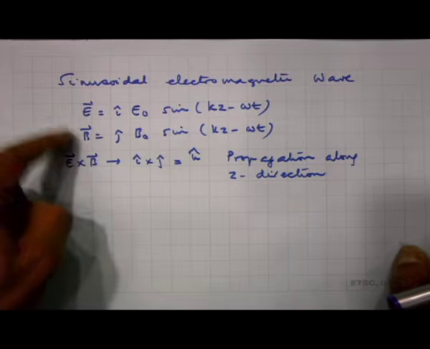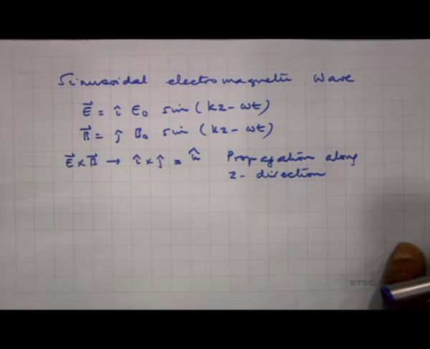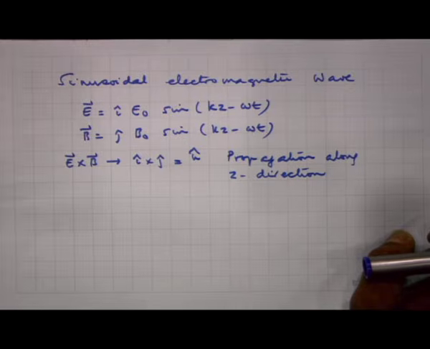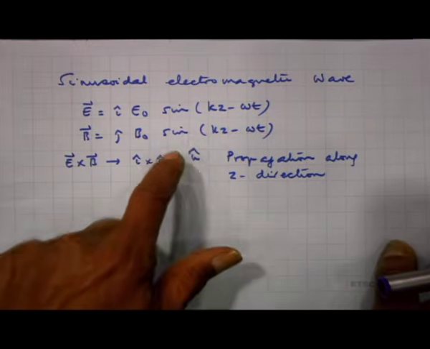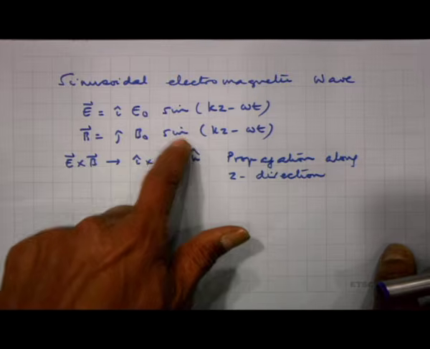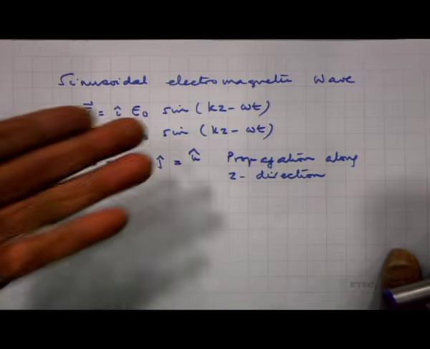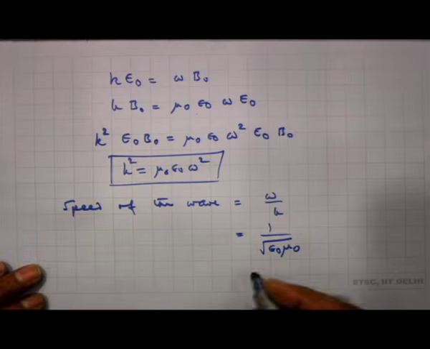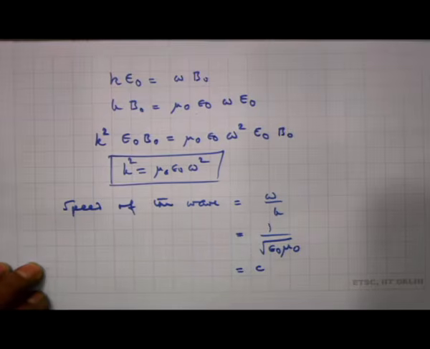These two are the electric and magnetic fields associated with the electromagnetic field, and if these two have to be solutions, have to satisfy the Maxwell's equations, we find that these are waves. These are, because I have written solutions like this, these are waves and these are the electromagnetic waves, and the speed of the electromagnetic wave in free space is given by 1 by square root of epsilon naught mu naught, which is actually called c, the speed of light in free space, and this is the speed which I wrote earlier.